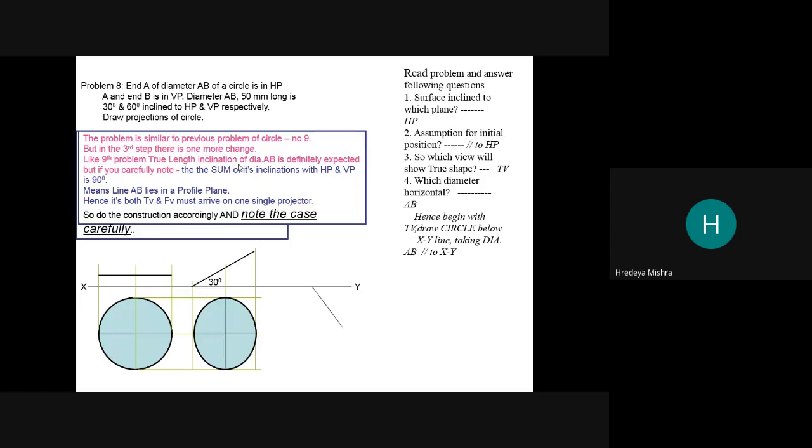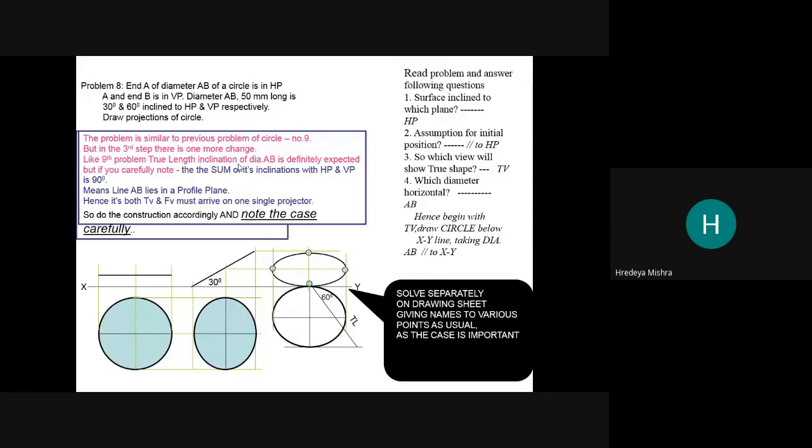Now see the third step, this is the 60 degrees and this is the true length. Now we assume and get our circle here. See the different points here, and this is our final drawing.